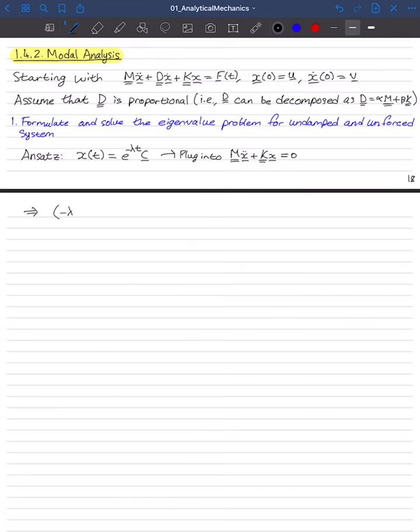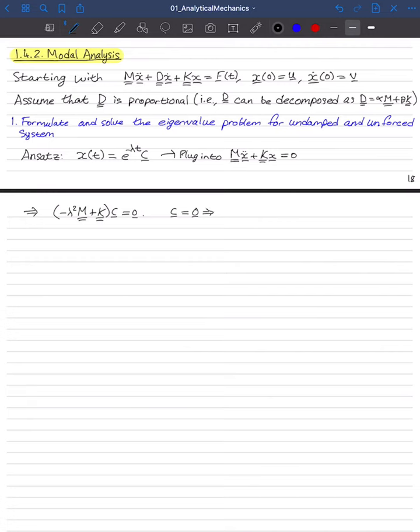We will get minus lambda squared times M plus K, times c is equal to 0. Okay, so the vector, and that's a vector 0. So c is equal to 0.